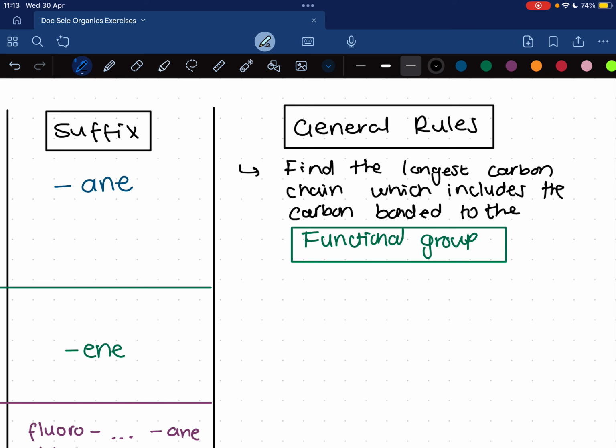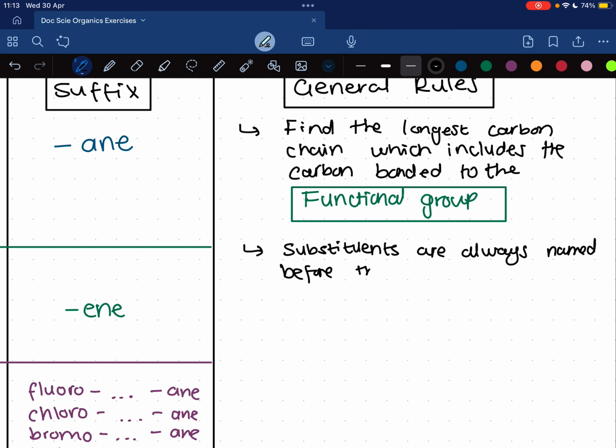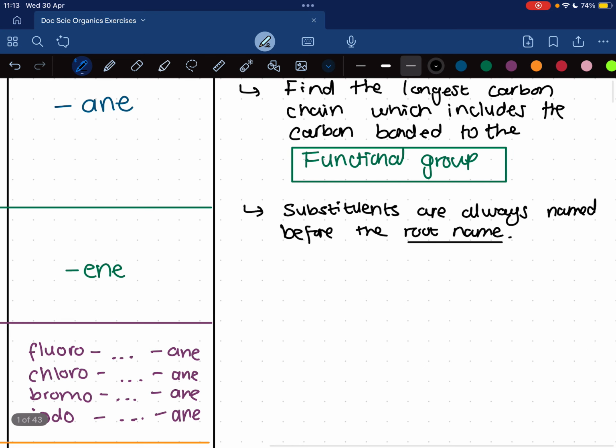And then there are also the substituents. Substituents are always named before the root name. The root name is the name of the longest carbon chain. Substituents can either be alkyl substituents or a halogen.